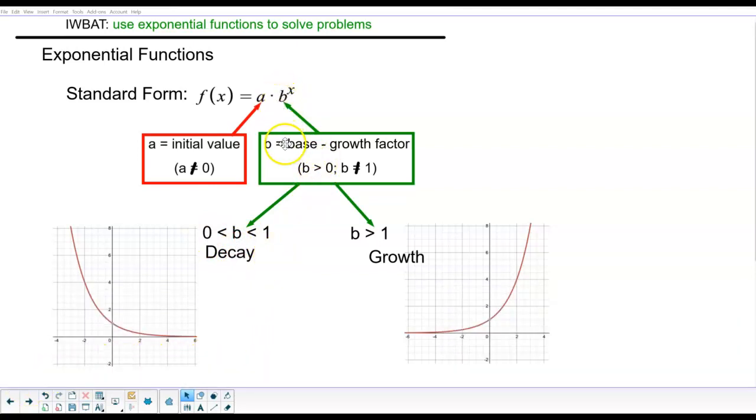So when your b value ends up being less than 1, the quantity is decreasing as time goes on. If your b value is greater than 1, then we're looking at an exponential growth function. So that's what we're going to explore today: what does this growth factor have to do with how a quantity shrinks or grows over time.